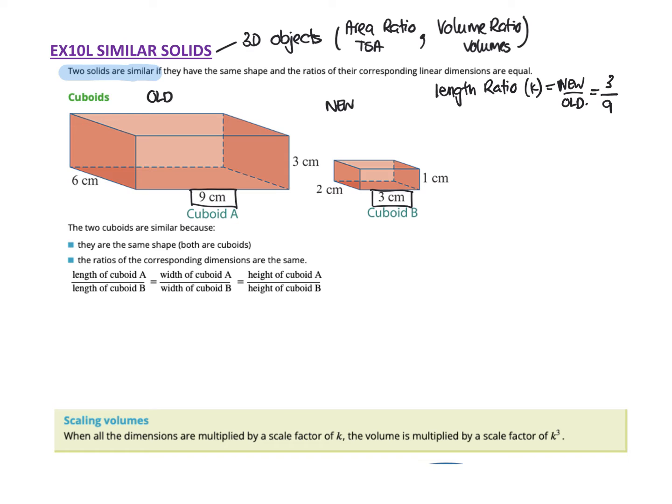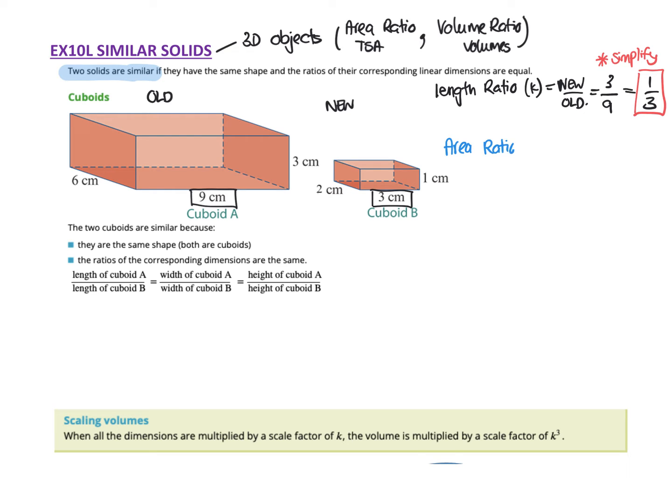We must simplify that, and that becomes 1 over 3. So the second object, in terms of length, is 1/3 of the original one.